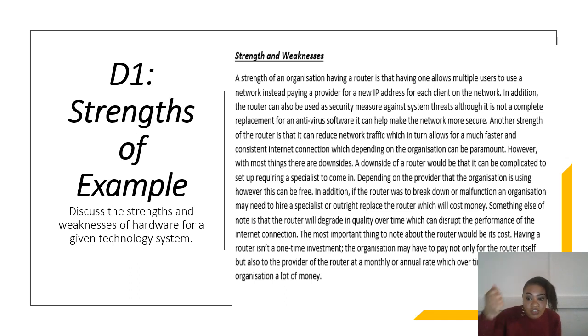I could scan the document and then email it to myself. So there are numerous strengths and weaknesses we can think about. These are just some examples so that you have an idea of what you need to put in the assignment. This is the final section of the assignment. You need to cover P1, M1, and D1 if you're working towards a distinction.